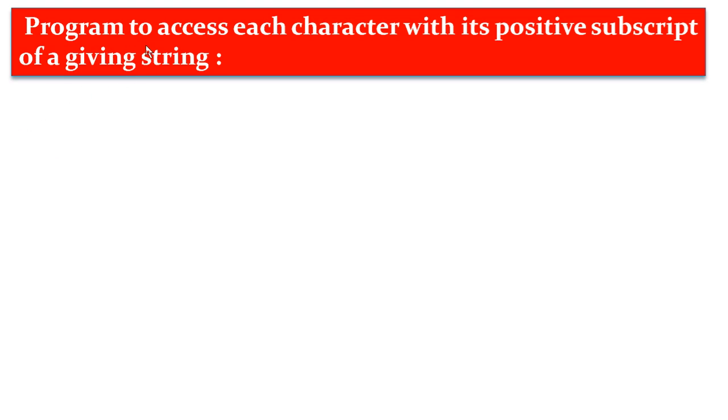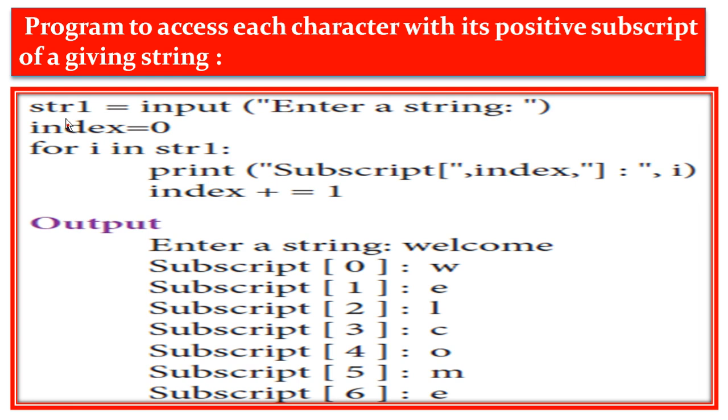Here is the example program to access each character with its positive subscript of a given string. Here we are using the positive subscript value in this program. The string str1 value is taken from the keyboard. We are giving the value welcome here. The index value starts from 0 for the positive subscript, so we start with index equal to 0. Here a for loop is used to extract the str1 value, that is, it extracts the characters of welcome one by one.